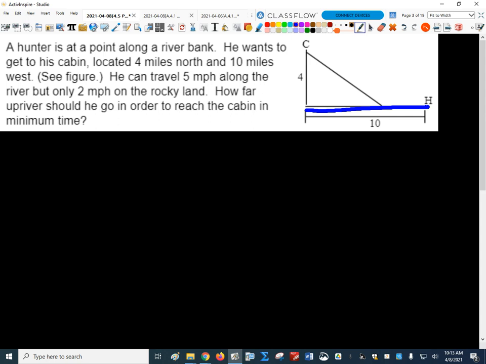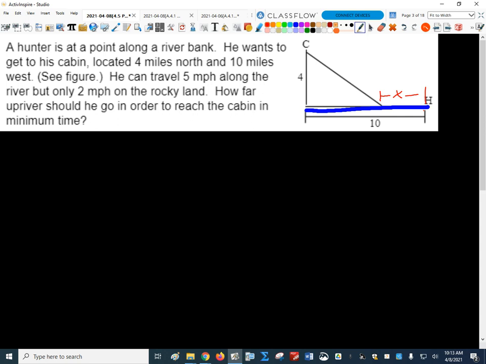He can decide at what point he chooses to leave the river and head in a straight line towards his cabin, right? So if that's the thing that this person can vary, then that's the variable, right? So x is this distance right here, we'll say.